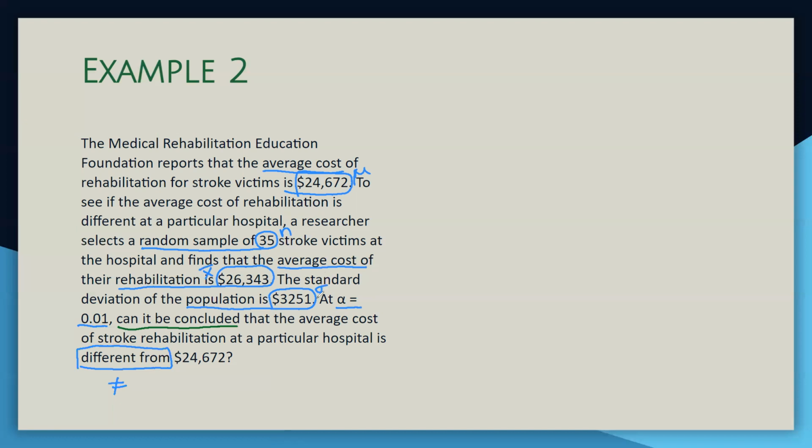I have the population standard deviation. And because I'm asking about averages or means, and I have sigma, I know that this is a z-test. I'm given my alpha, and I'm given my alternative hypothesis symbol, not equal to. So let's go ahead and set up our traditional method test.